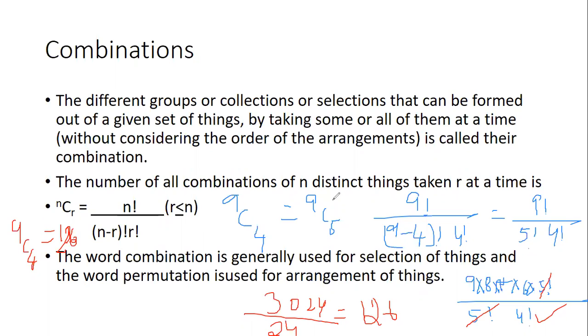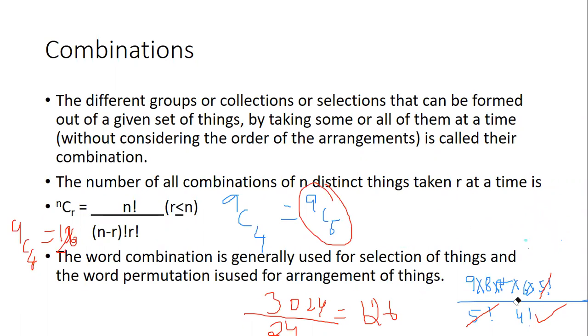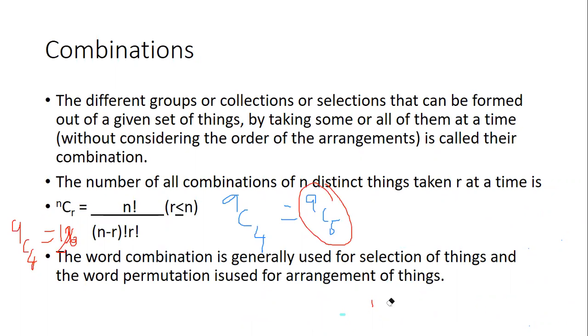Now find out the value of 9C5. Same formula: 9 factorial by 9 minus 5 factorial and 5 factorial, which is nothing but 9 factorial, 4 factorial and 5 factorial.